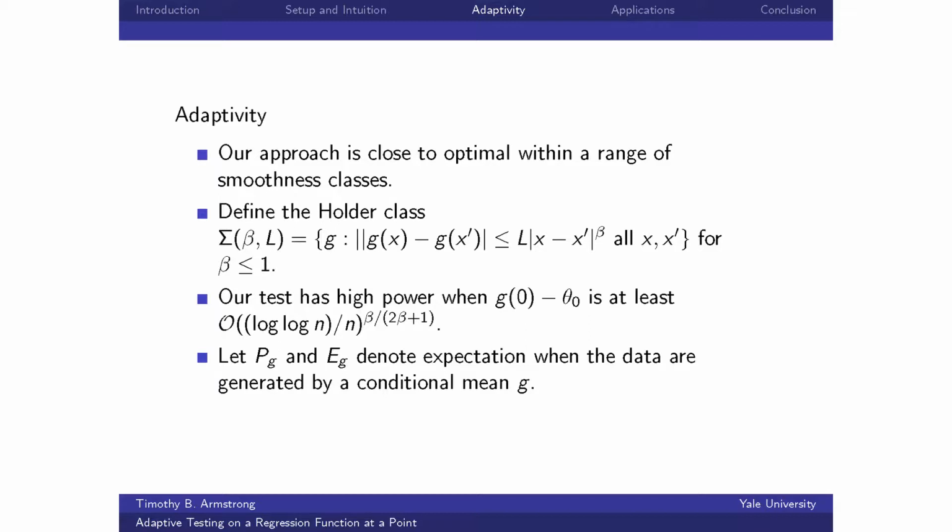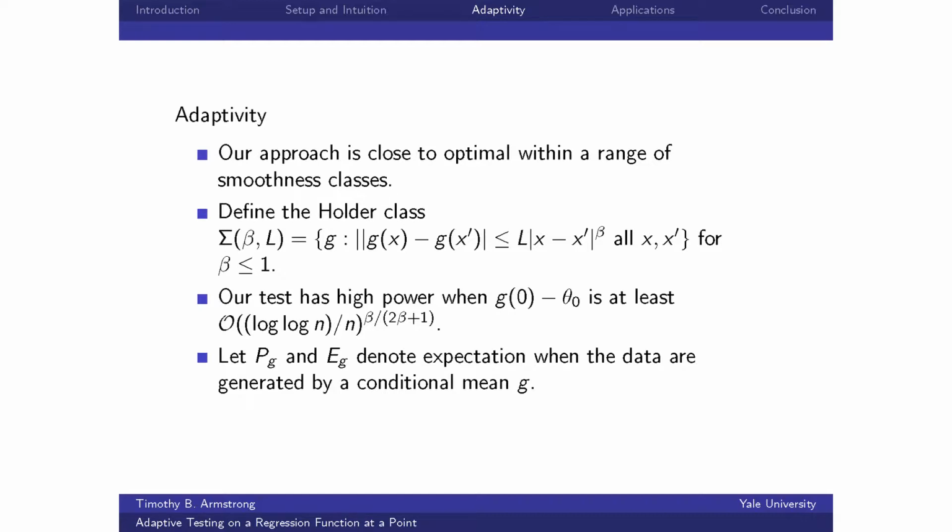So the adaptivity is that our test has high power whenever you move away from the null by at least this much: log n over n to the beta over 2 beta plus 1. This beta over 2 beta plus 1 is the familiar thing that pops up from bias-variance trade-offs in non-parametric estimation. And you can see where the log n came from.